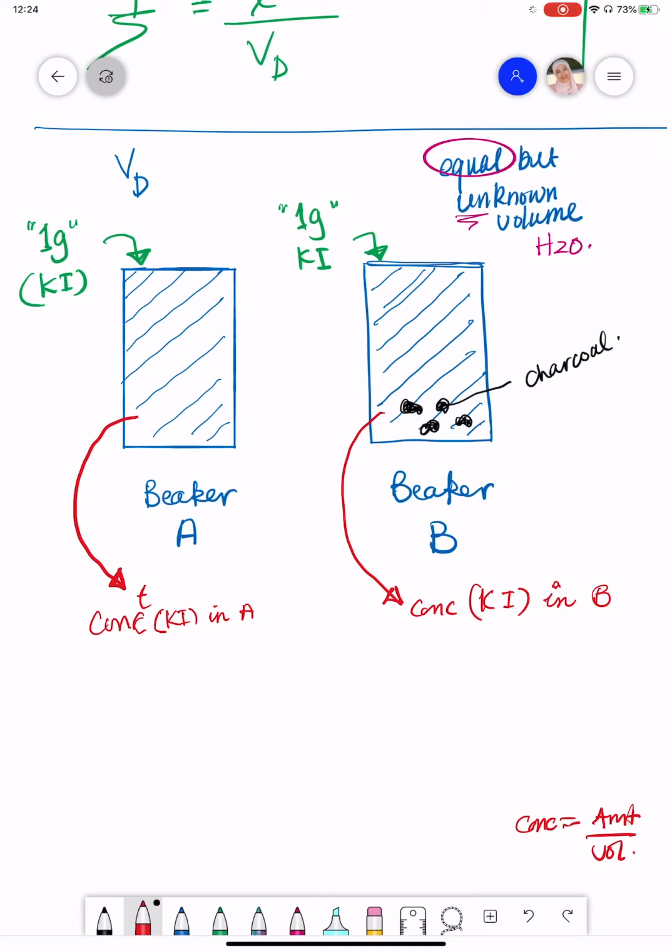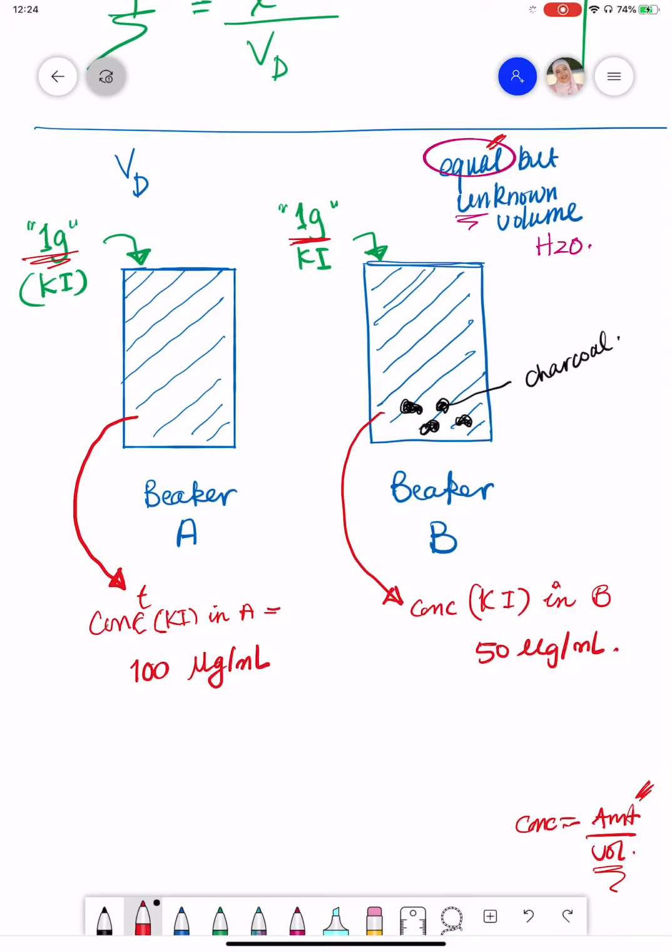If we are talking about the volume in both of them, it's equal volume, and the amount of potassium iodide in both beakers is the same amount. But when we measure the concentration, we have, as an example, 100 microgram per milliliter here, and in here, 50 microgram per milliliter.